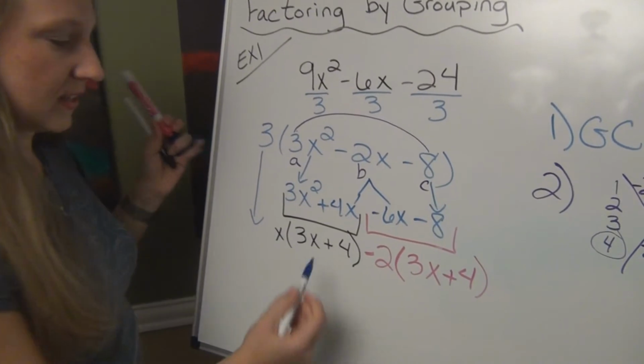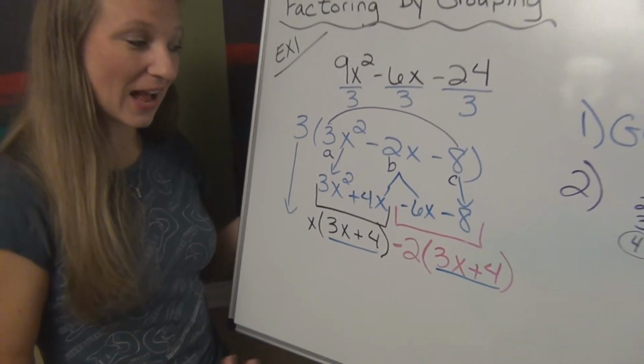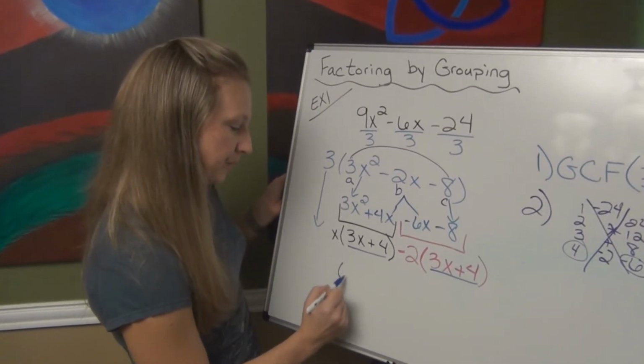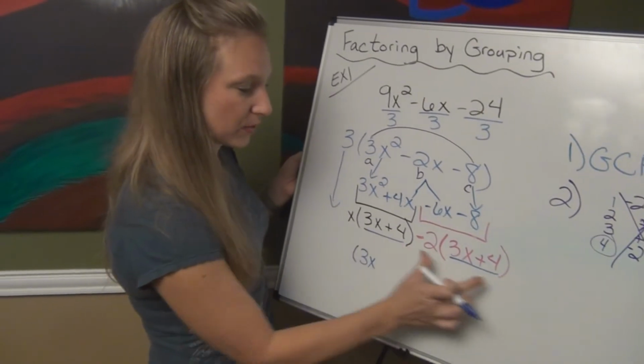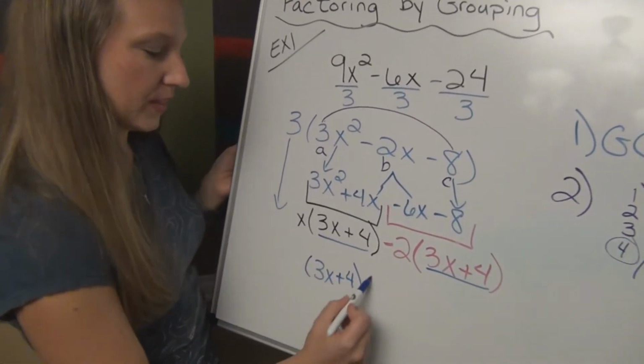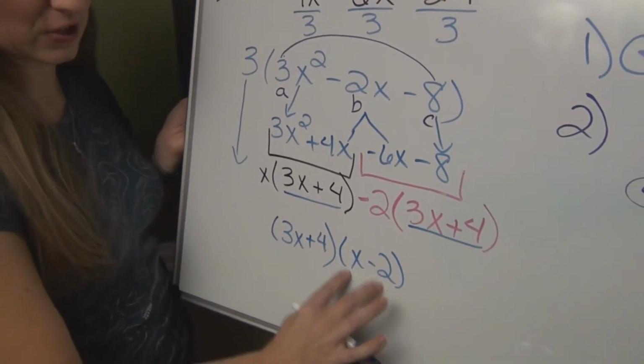If you notice, both of them have the same factor after we factor those out, which means I can factor out a 3x plus 4 out of both of them, and I'm left with x minus 2 for my other factor.